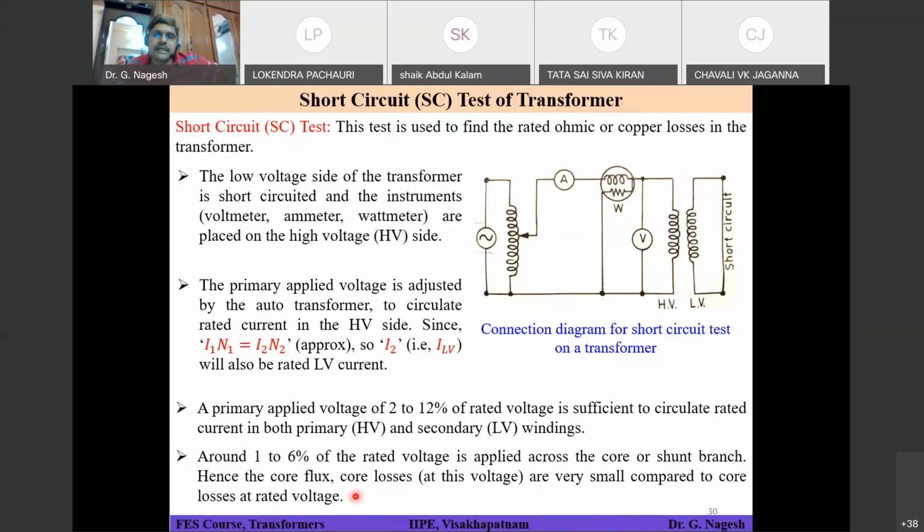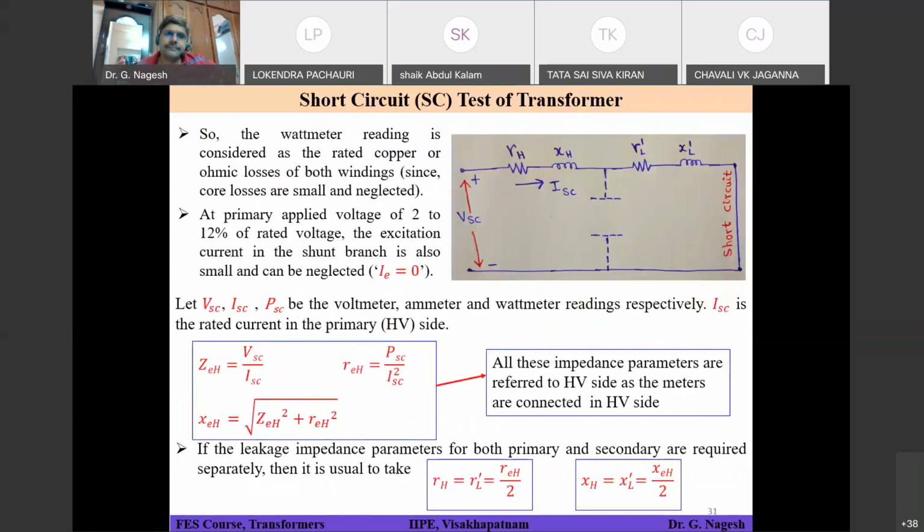If you neglect that, the losses indicated in your wattmeter are nothing but the copper losses of both the windings. Is it clear? So the wattmeter reading is considered as the rated copper losses or ohmic losses of both windings. Core losses are small and are neglected.